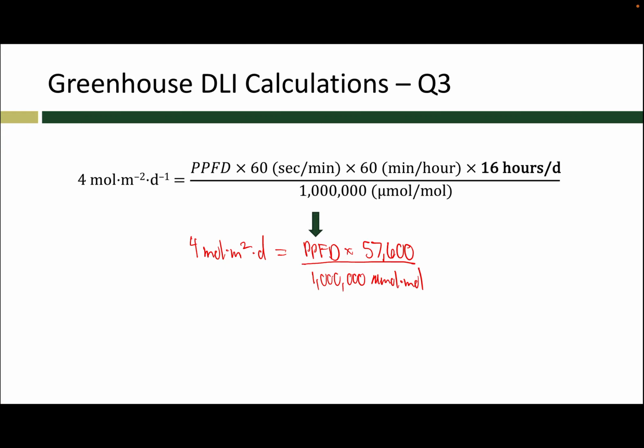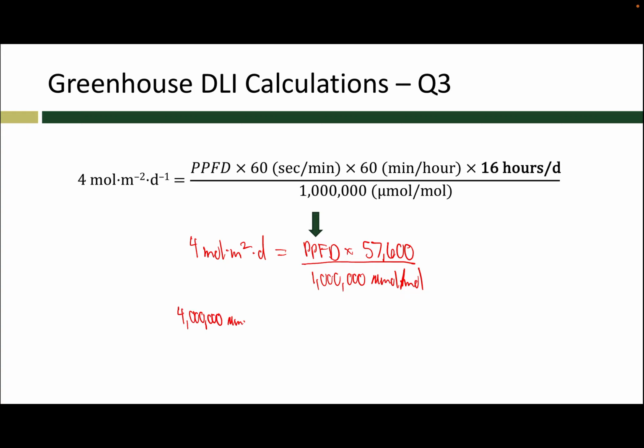And so what we're going to need to do at this stage of the problem is cross multiply and divide, which again, probably something you are very familiar with. We're going to have to multiply both sides by 1 million, and then we're going to have to divide both sides by 57,600. So if we go ahead and multiply both sides by that million, what you're going to find is that if we look over here on the left side of the equation, we're going to end up with 4 million.